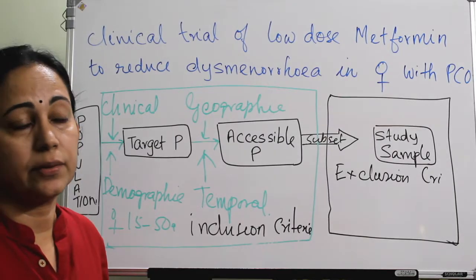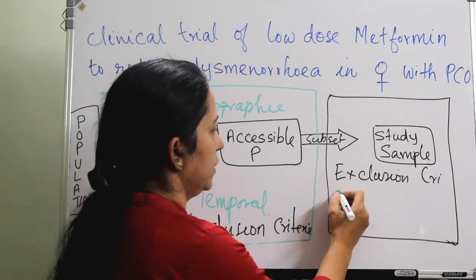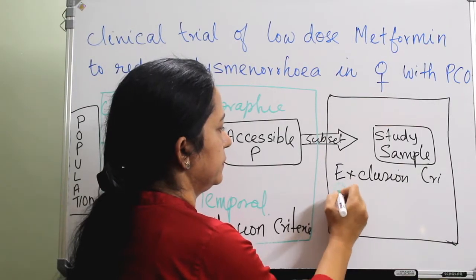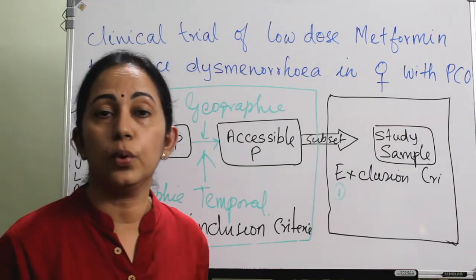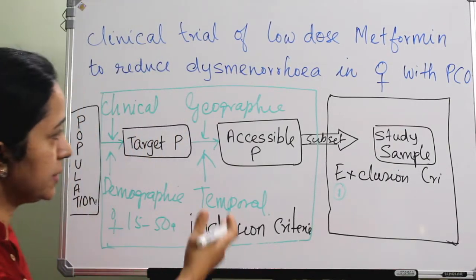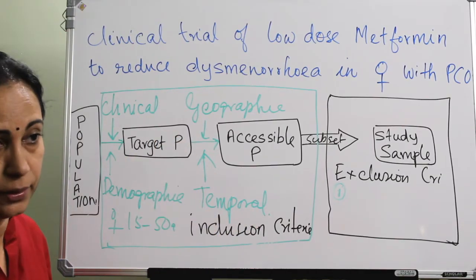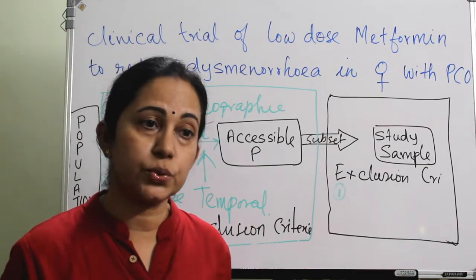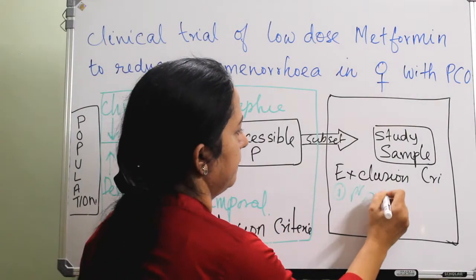One is that which will interfere with follow-up. So that is females who are going to move from this geographical location during this 1 year period. So that will cause a loss to follow-up. So they are excluded. That is moving.